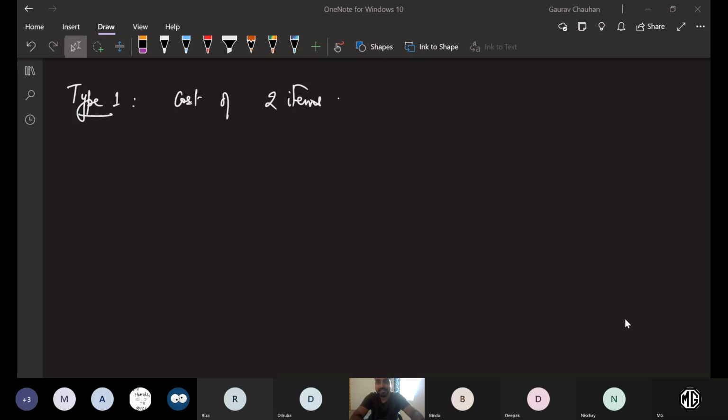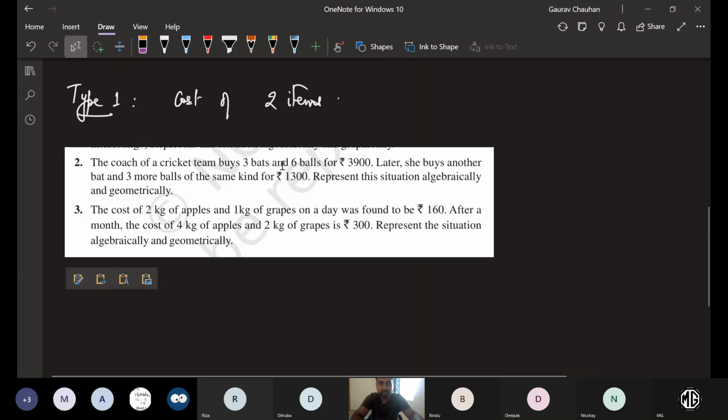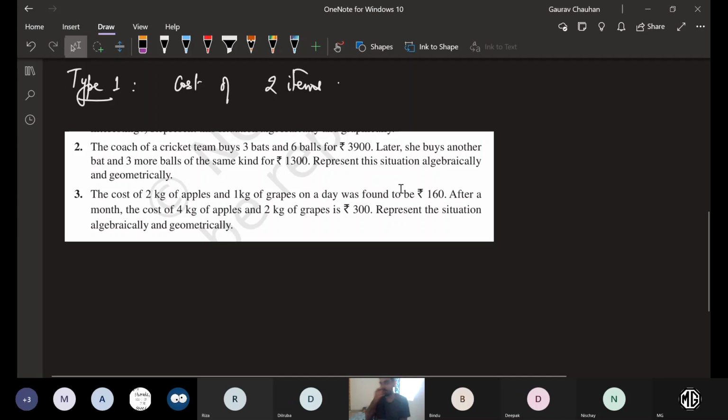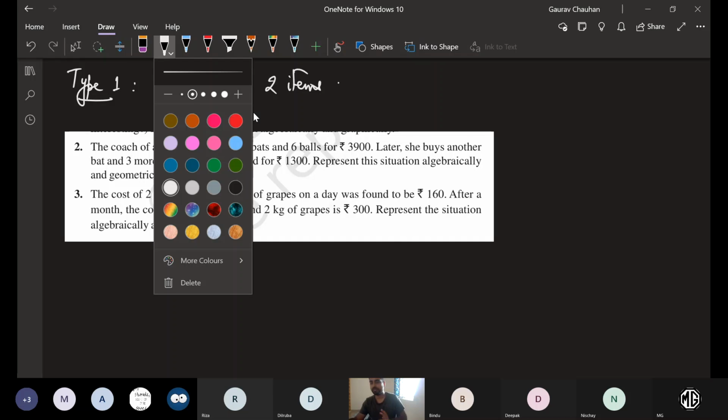Now, guys, I am taking these questions from the textbook. These are exercise 3.1 questions. Question number 2 and 3. Question number 1 is age type, so we'll come back to that after this. We'll just see question number 2 for now. I put both because one you can do later.